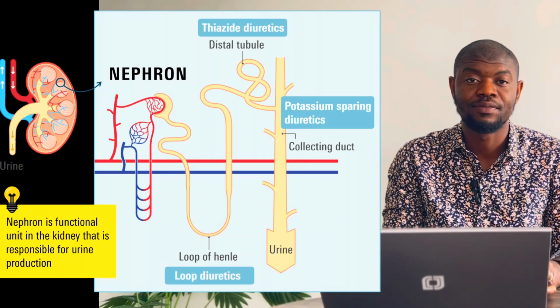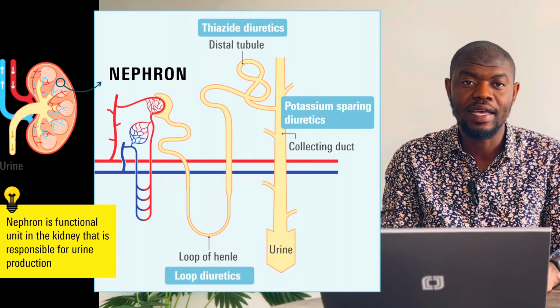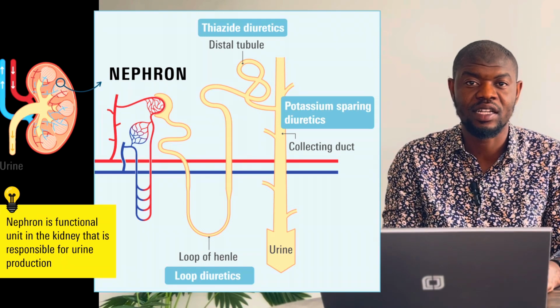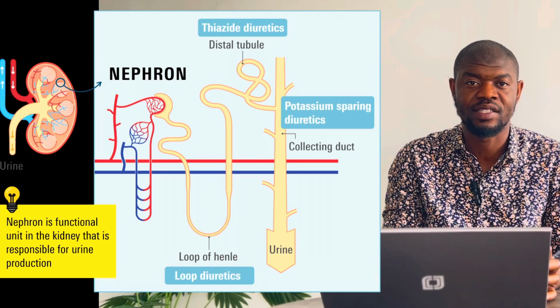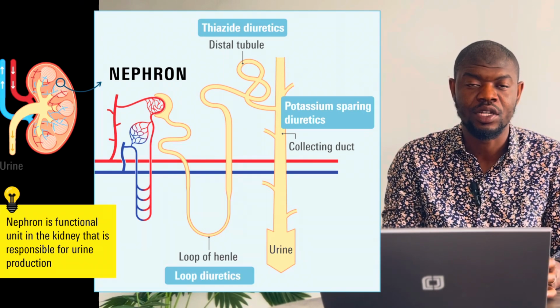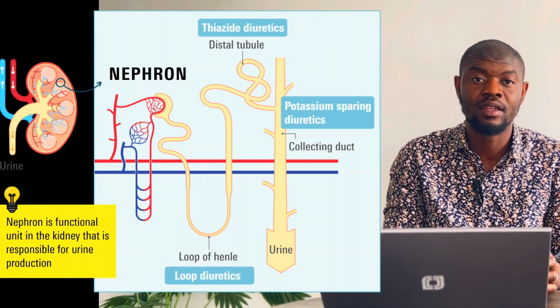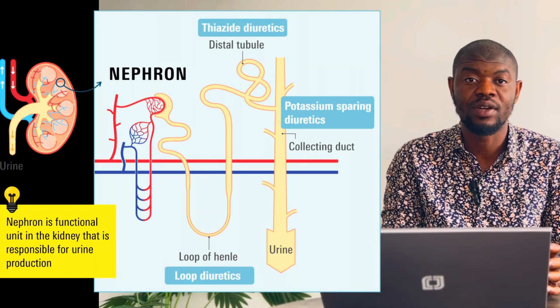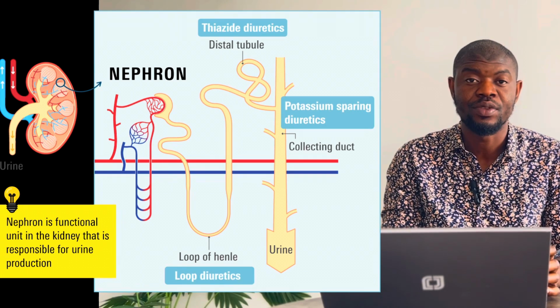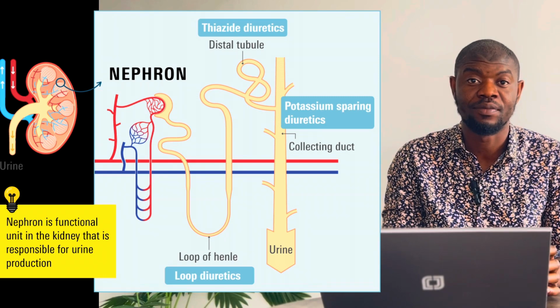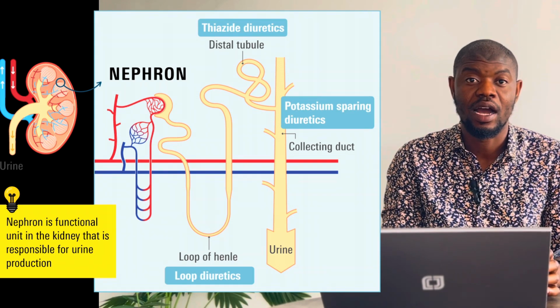So you realize that in the loop of Henle, the distal tubules and the collecting ducts, sodium and water reabsorption takes place. The medications we'll be looking at work on different parts of this nephron in order to get rid of water and sodium appropriately.